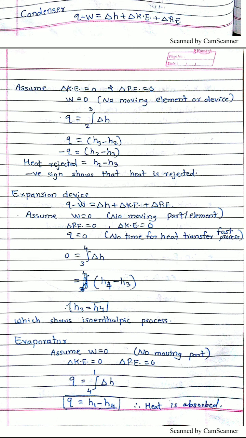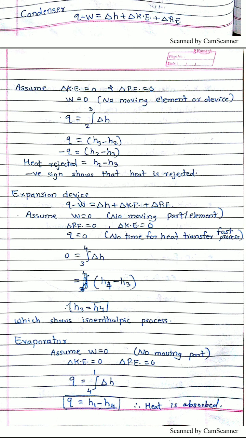So we are integrating delta H from limits 3 to 4. If we put the limits, the value is H3 minus H4, and 0 is equal to H4 minus H3.